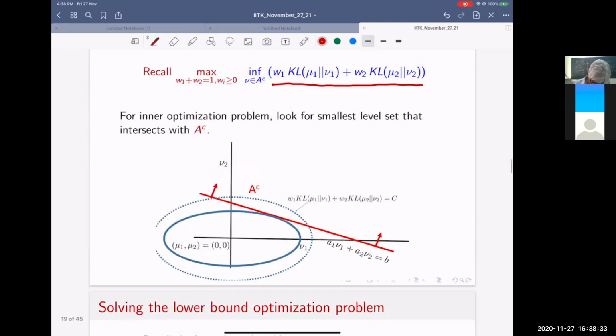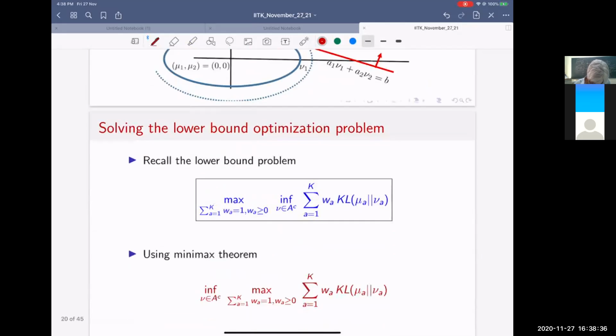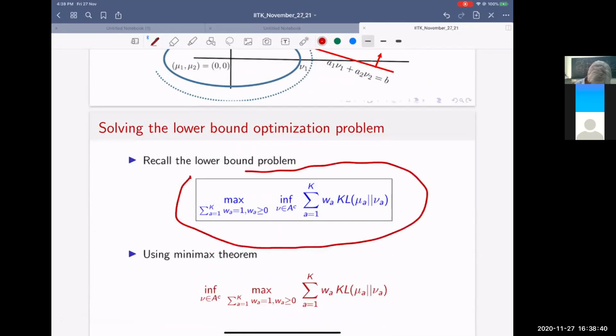But of course, in this setting, we can see a lot more. And what do we say here? So let's just look at this max-min problem here. What you observe is that A complement is a convex set. This function here is a concave function of W and convex function of nu. So it satisfies this saddle point theorem, this min-max theorem. Essentially, I'm taking the infimum of a concave function, and a maximum of a convex function.